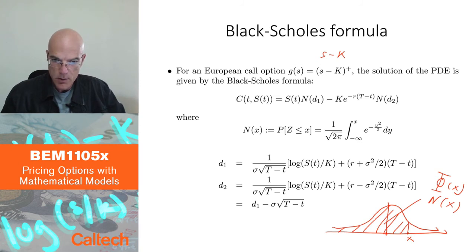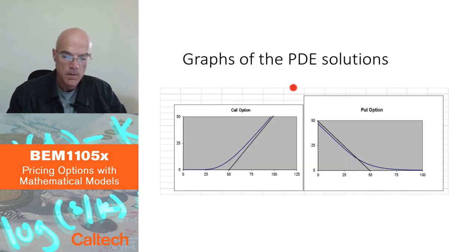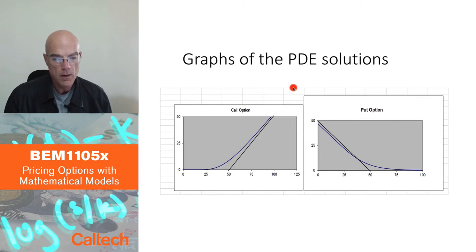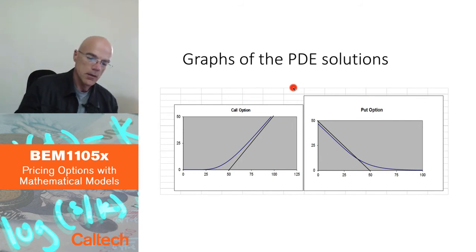Let me just take a look and see how that looks in a graph. So for a call option, the payoff at the very end is this black line here, 0 below the strike price, and S minus K above the strike price. That's the payoff at maturity.